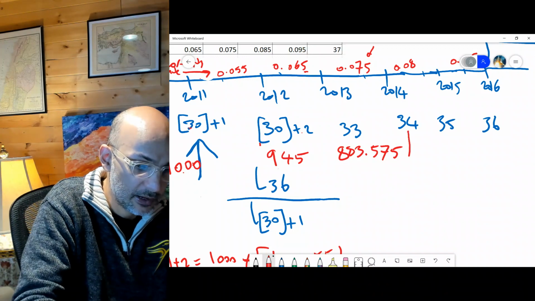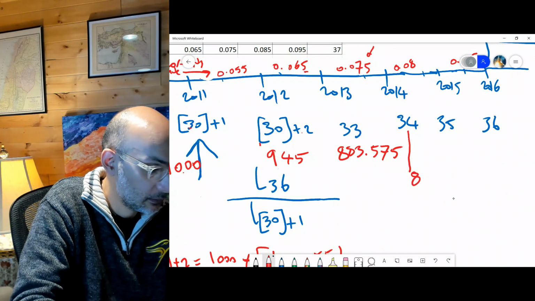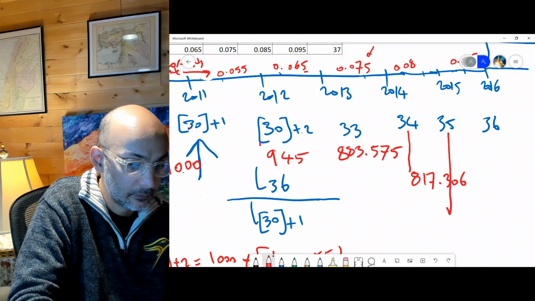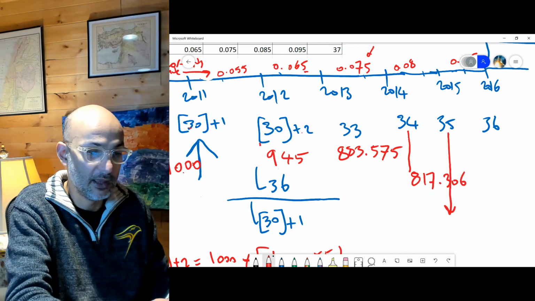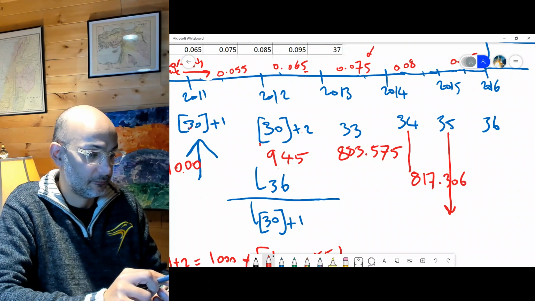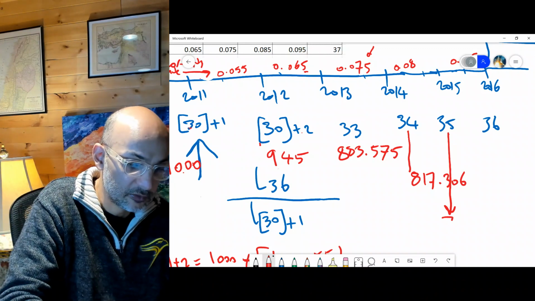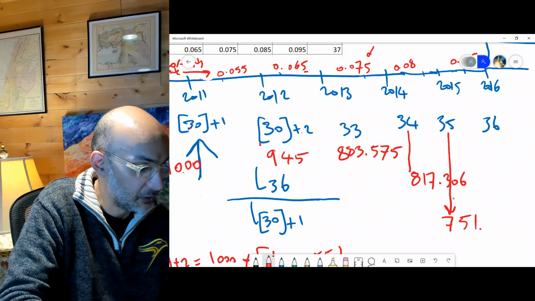So it goes down now to 817.306. And now this one, you multiply it by 1 minus 0.8 now. It goes down to 751.92.